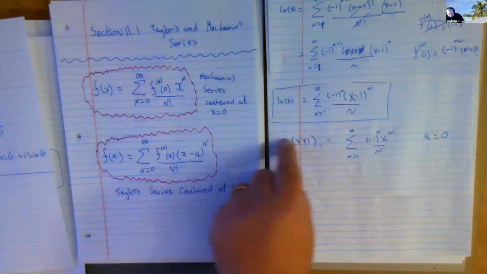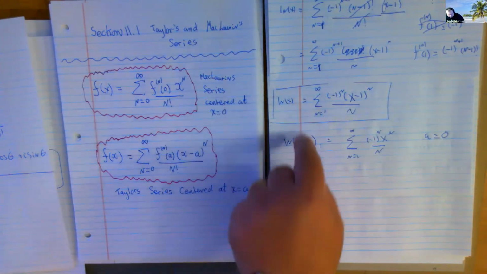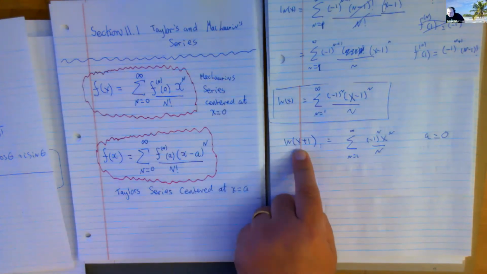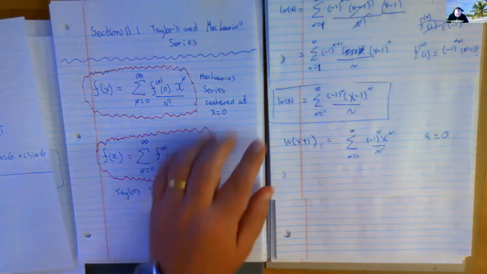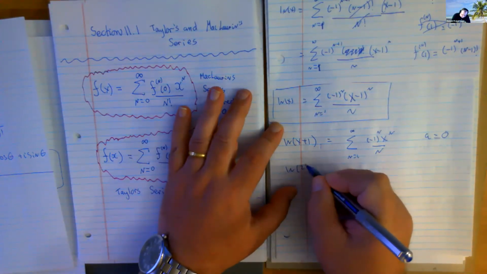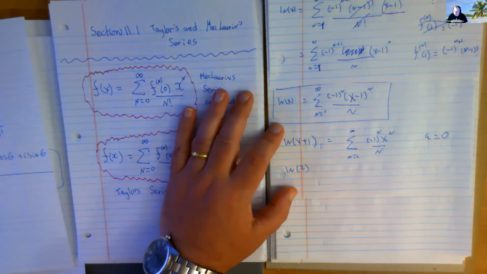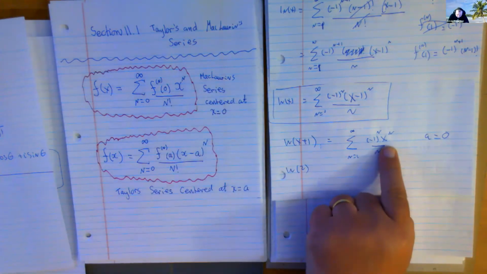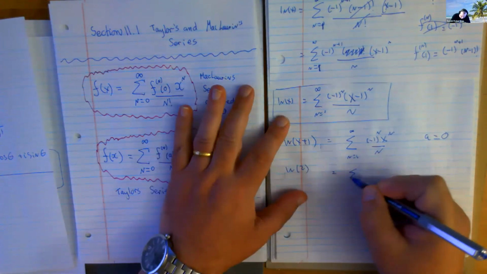I'm going to use this version. I could have used that one, but I'm going to use this one. Now, if I use this one, if you plug x equals 1 in here, won't you get the log of 2? If you plug 1 in here, you get this power series.